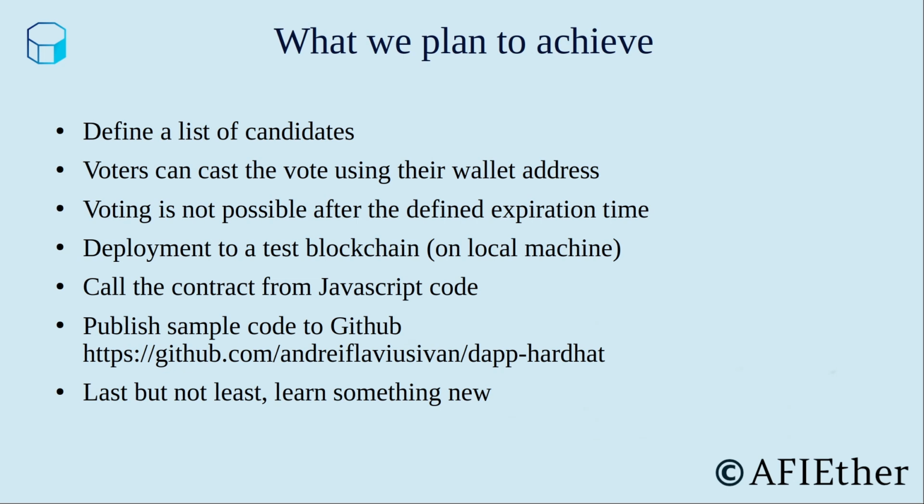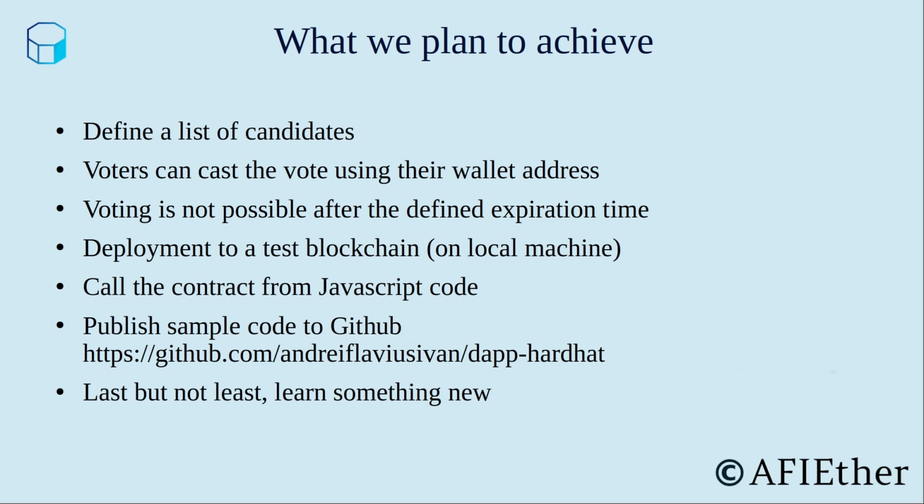My plan with this smart contract is to be able to define a list of candidates when we deploy the contract. We will have voters who can vote using their wallet address, and based on the wallet address we can ensure that one voter cannot vote twice.